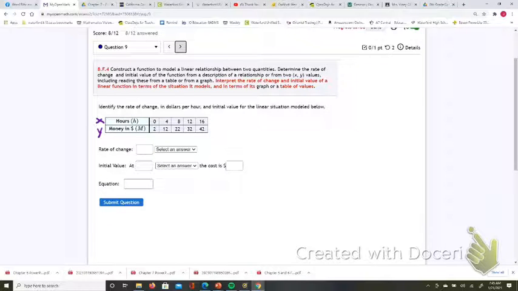So if we look at the money, it goes from 2 to 12, so it goes up 10. And then the hours go from 0 to 4, so it goes up 4. So our slope, our M, is up 10 over 4. And then we can reduce that by dividing by 2, so it's up 5 over 2.